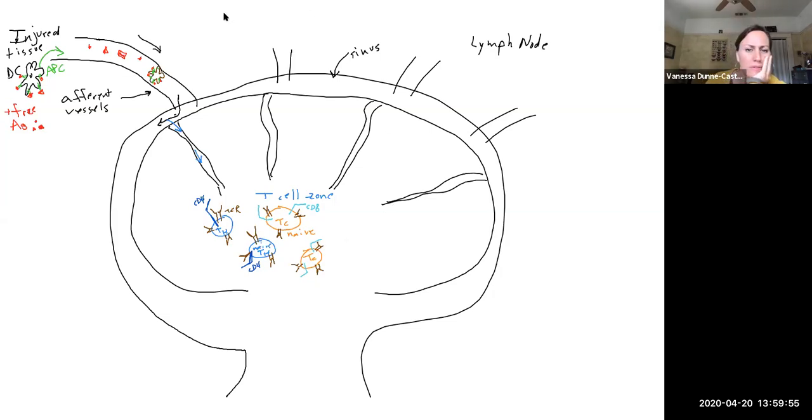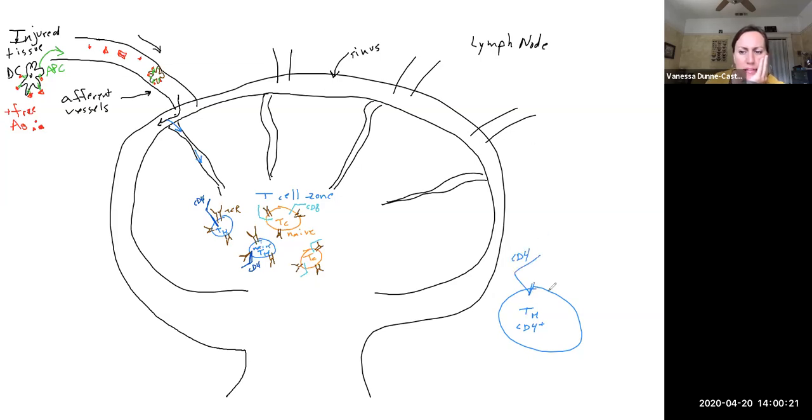I'm going to redraw these ones over here too. Right, so these guys have CD4 co-receptor.